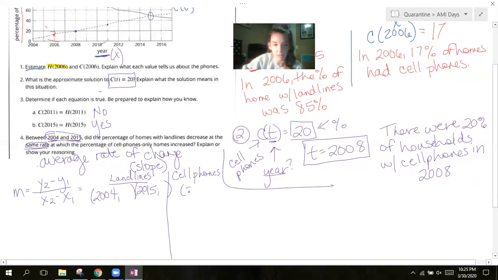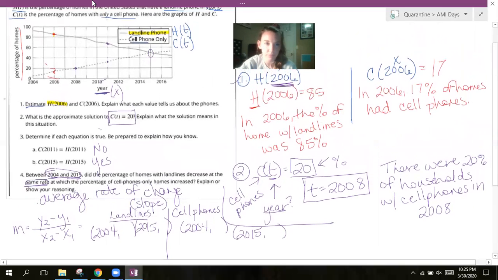And it's going to be the same for cell phones. All right, so I'm going to have to find the y values. So everything I've got here so far is just what they've told me in the question. Now I've got to go find my y values for landlines in 2004 and landlines in 2015, so I'm going to go back up to my graph.